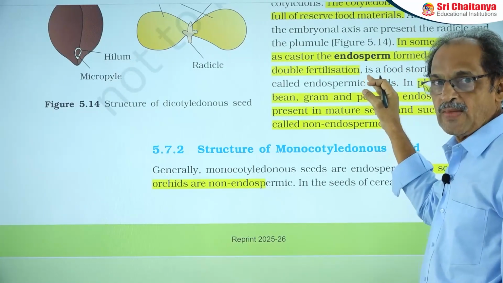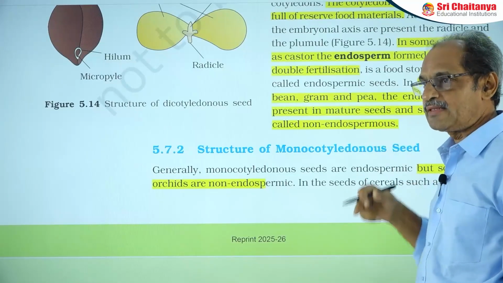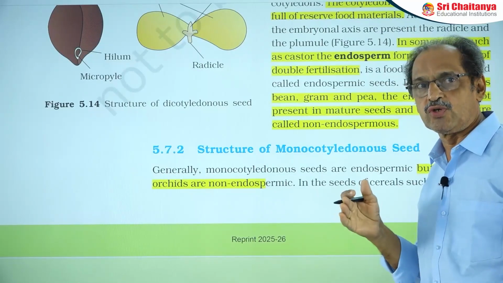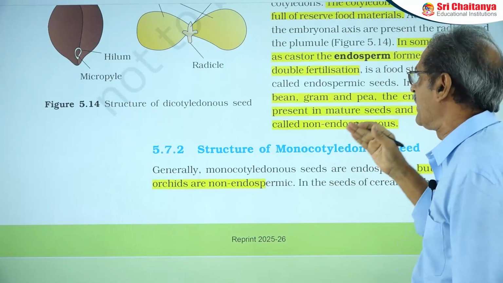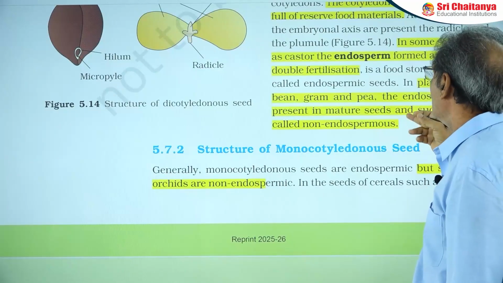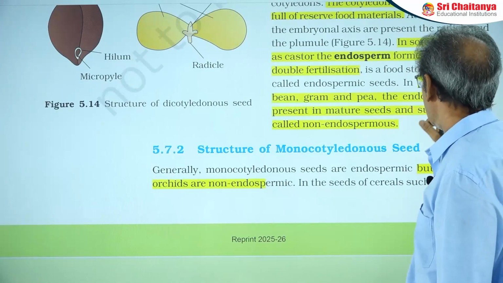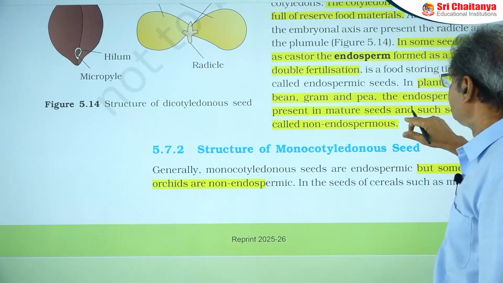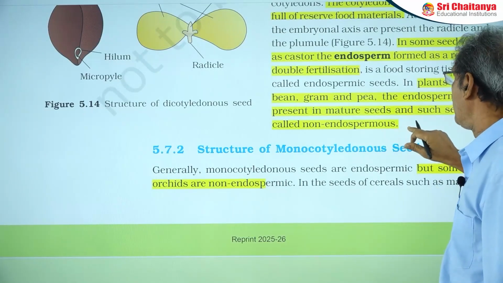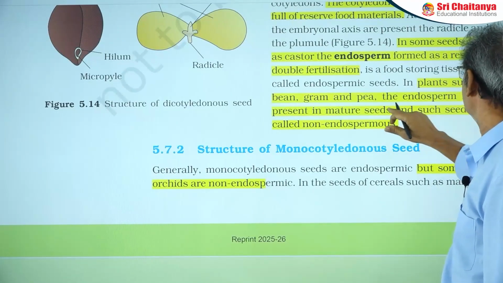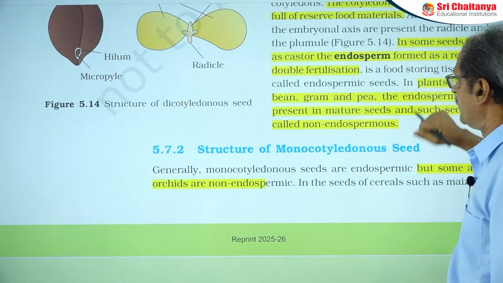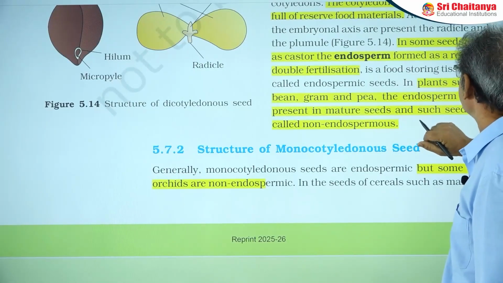But sometimes a part of the endosperm is used during the development of the embryo and the remaining is kept in the seed, then it is called an endospermic seed, that is albuminous. So, two types, endospermic seeds and non-endospermic seeds. These are the two important differences regarding the endosperm.